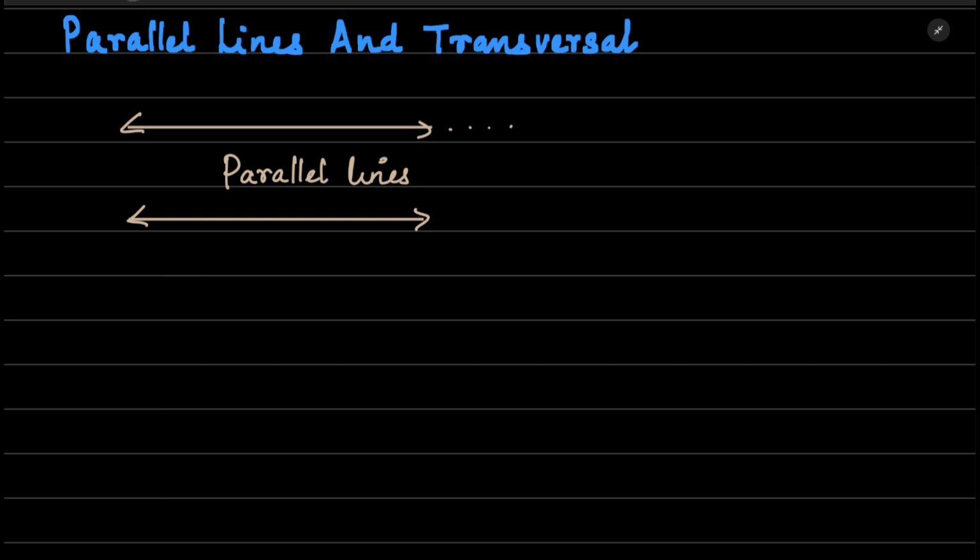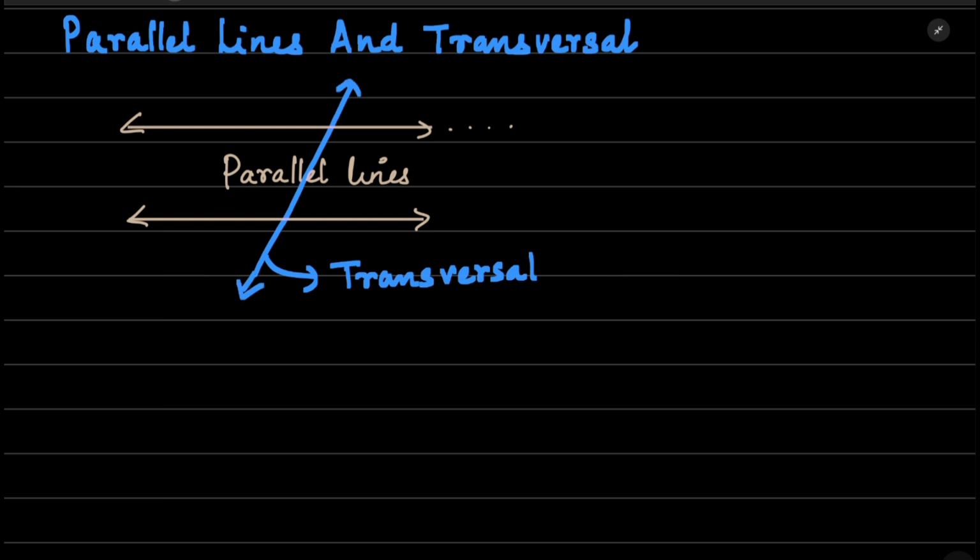Now, if you have another line which intersects the parallel lines, say for example like this, a line which intersects two or more lines is called a transversal. This line is called a transversal.